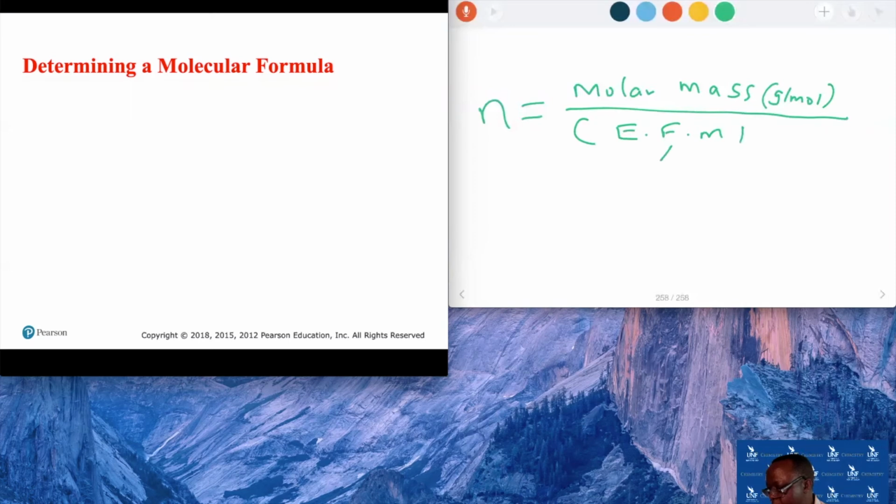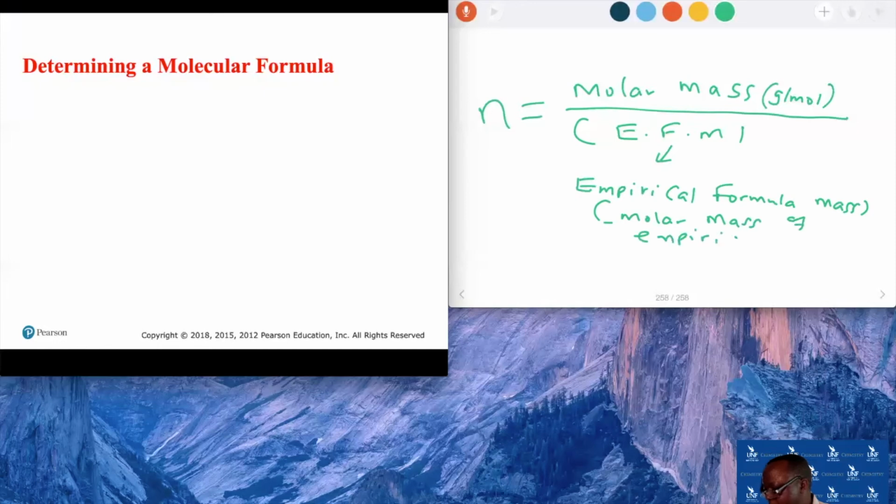This stands for empirical formula mass. This is simply the molar mass of the empirical formula.